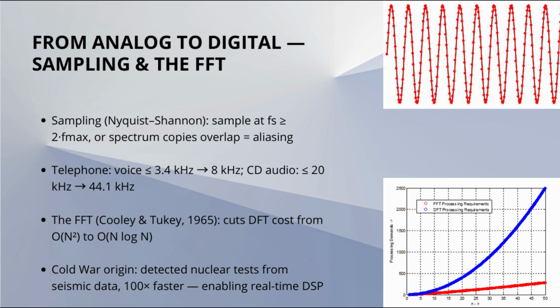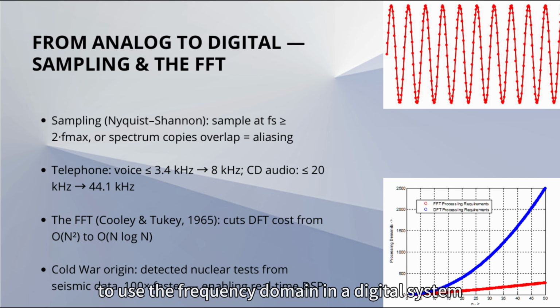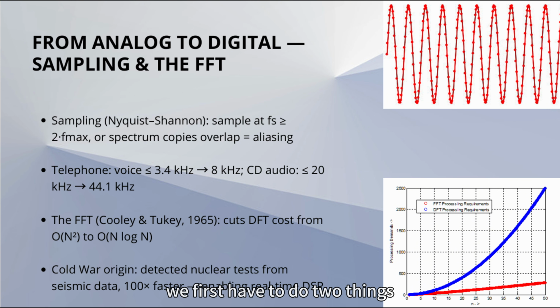To use the frequency domain in a digital system, we first have to do 2 things. The first is sampling, turning a continuous analog signal into digital points without losing it. The rule is the Nyquist-Shannon theorem, and it's easiest to see in the frequency domain. Sampling creates copies of the signal spectrum based at the sampling rate, and if you sample too slowly, those copies overlap.